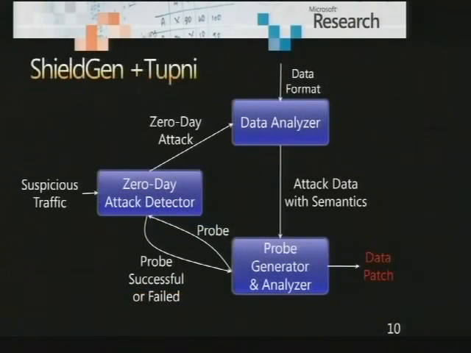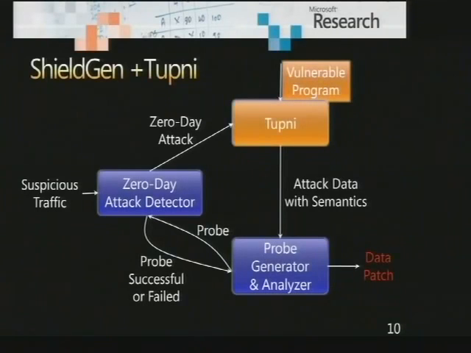Our solution is to combine Shiogen with a new system called Tupni. Tupni will replace this data analyzer, and we no longer require the data format. We just require the vulnerable program, which is always there. Based on the vulnerable program, Tupni can parse the zero-day attack and generate attack data with semantics.